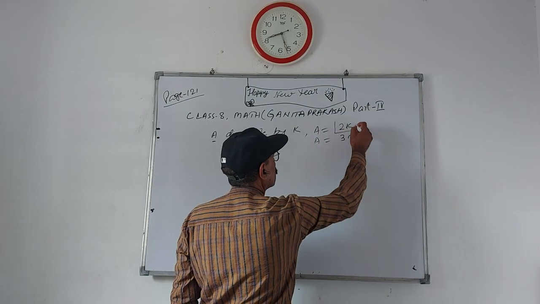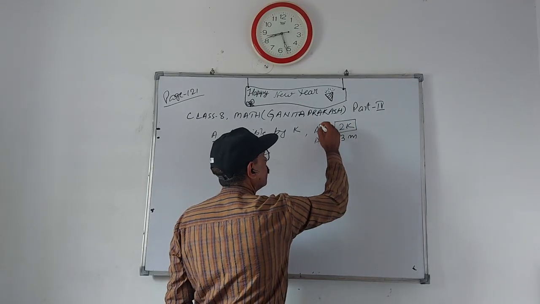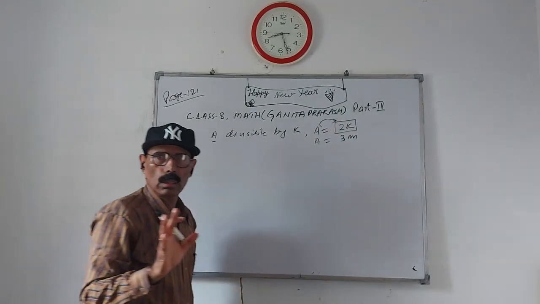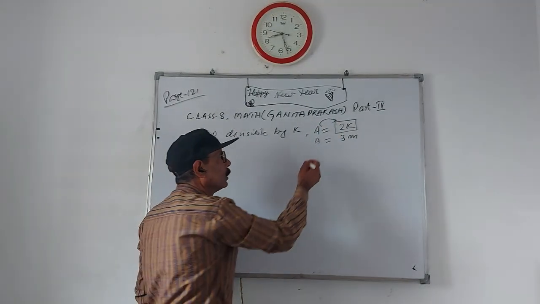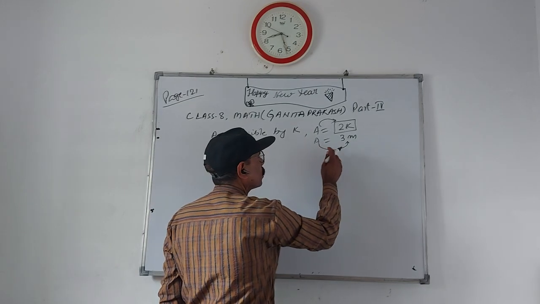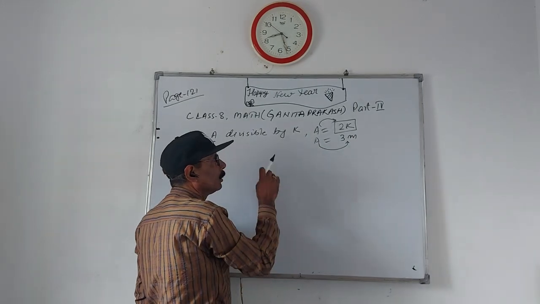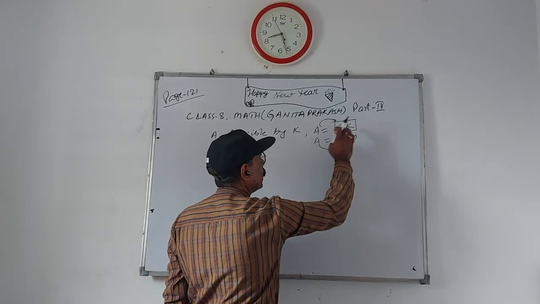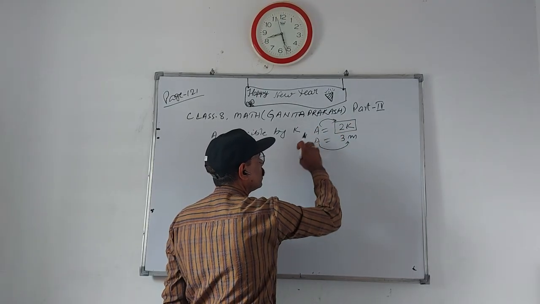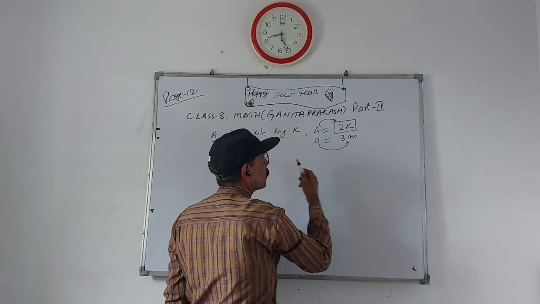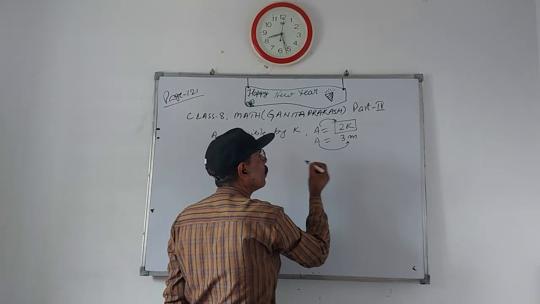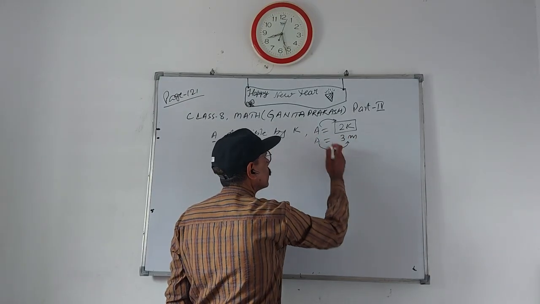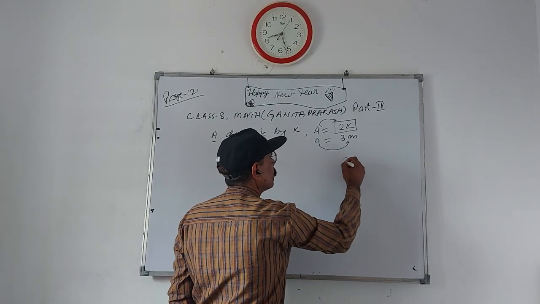See, this number is in place of A. Understood? This number is also in place of A, divisible by M like this number. So this A is divisible by the LCM of K and M. LCM of K and M means what?